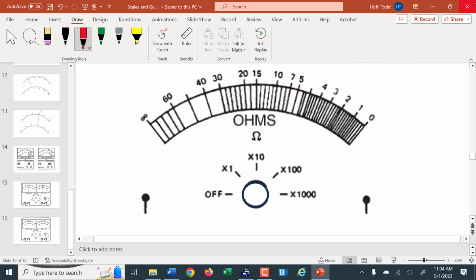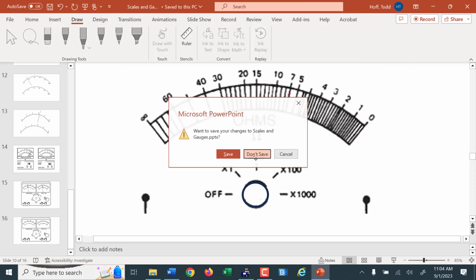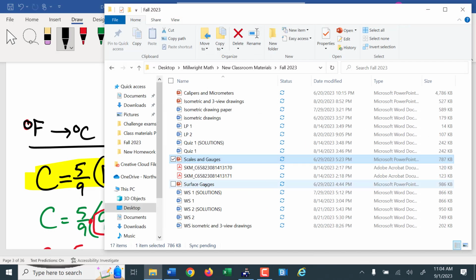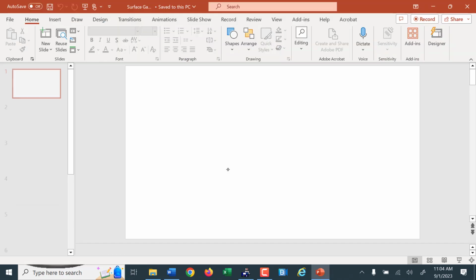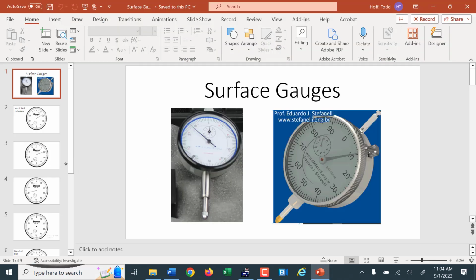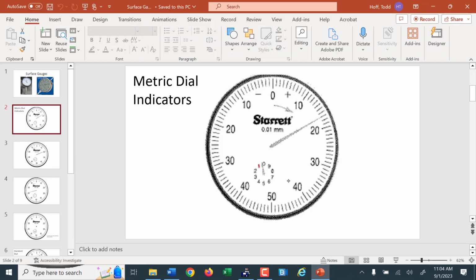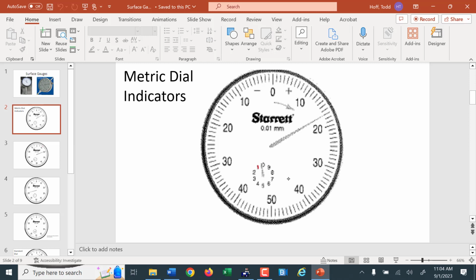Yeah, we don't need to read a lot more of those. That's good for those. The final gauge I want to get at is a surface gauge, and only because a surface gauge has several parts to reading it. So a surface gauge, sometimes called a surface deviation gauge or just a dial indicator.